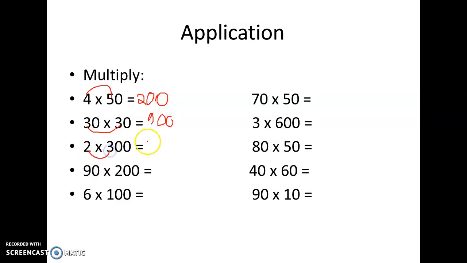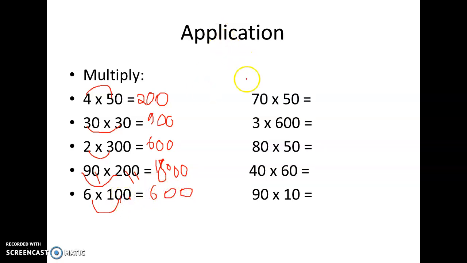Multiply the numbers. 3 times 2, 6. And 2 zeros. 9 times 2, 18. And how many zeros are there? 1, 2, 3. Then I have to write 3 zeros. 6 times 1, 6. And how many zeros? 2.